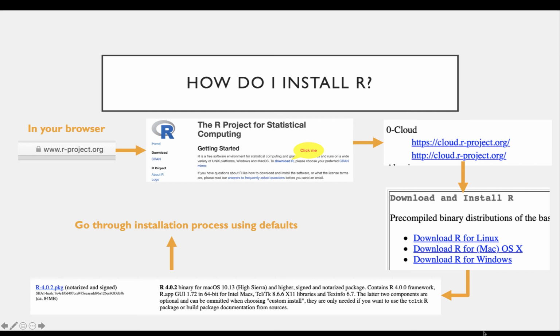Now, depending on your operating system, make sure you download the right package, right? Now, I had a Mac, and so I downloaded the Mac version of the application. And once you download the R package, you can go through the installation process just using the defaults. And that should be perfectly fine.